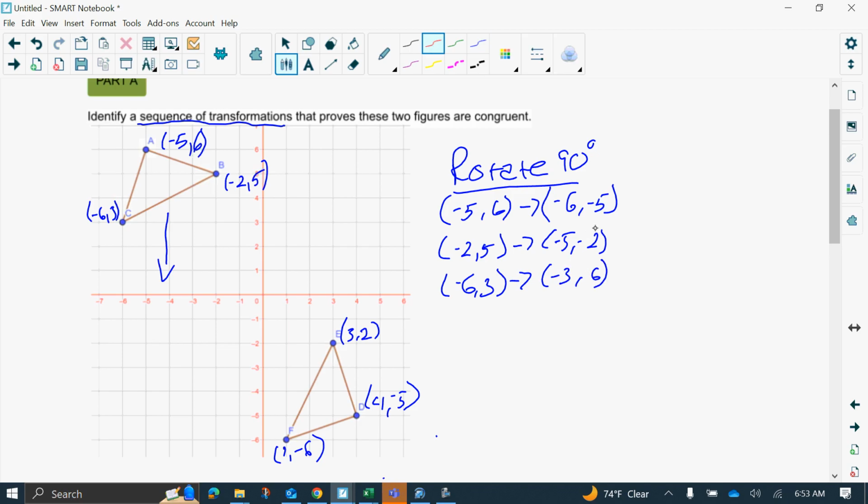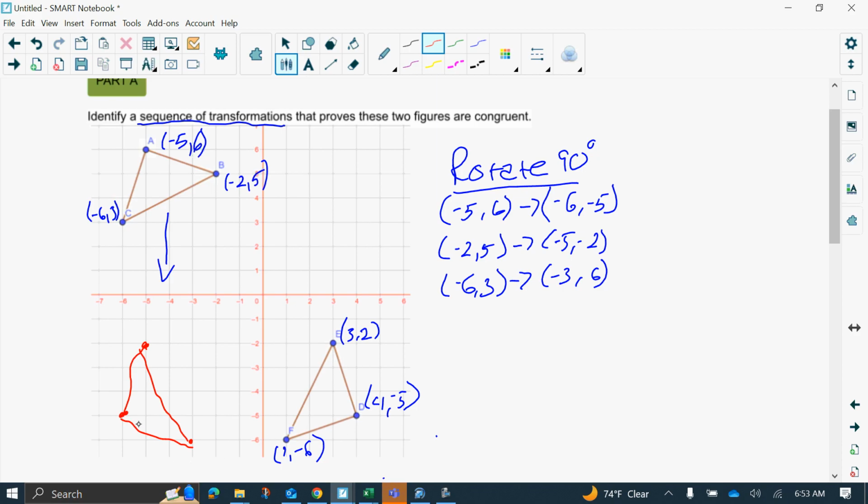Now, when I graph these points, negative 6, 1, 2, 3, 4, 5, negative 5, 2, and negative 3. Well, this is a lot more like that, right?